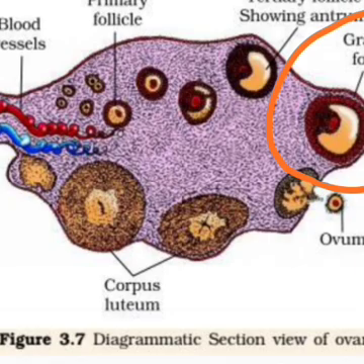It will also undergo meiotic division and form two unequal cells, namely secondary oocyte and primary polar body, which is very tiny. These changes take place between the 13th to 15th day of menstruation.